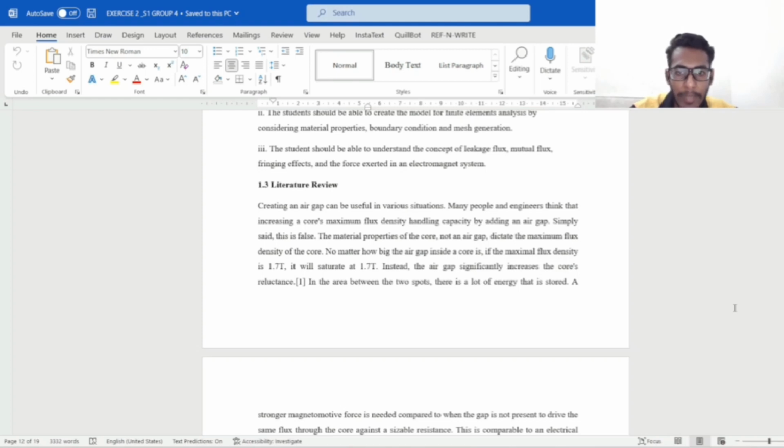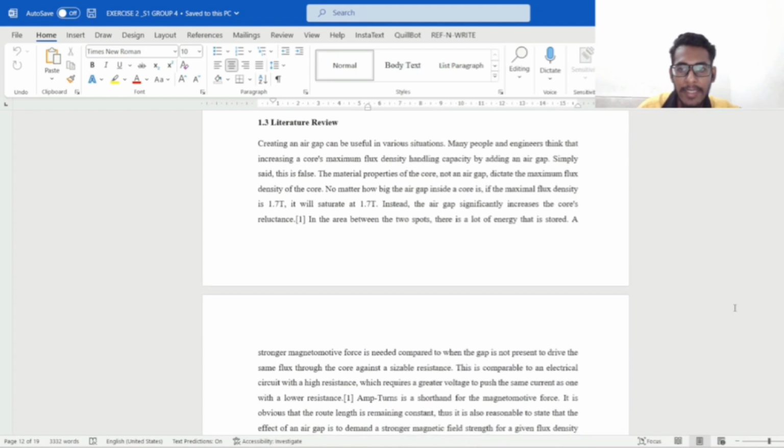No matter how big the air gap inside a core is, if the maximal flux density is 1.70, it will stay saturated at 1.70. Instead, the air gap significantly increases the core's reluctance. In the area between the two spots, there is a lot of energy that is stored.